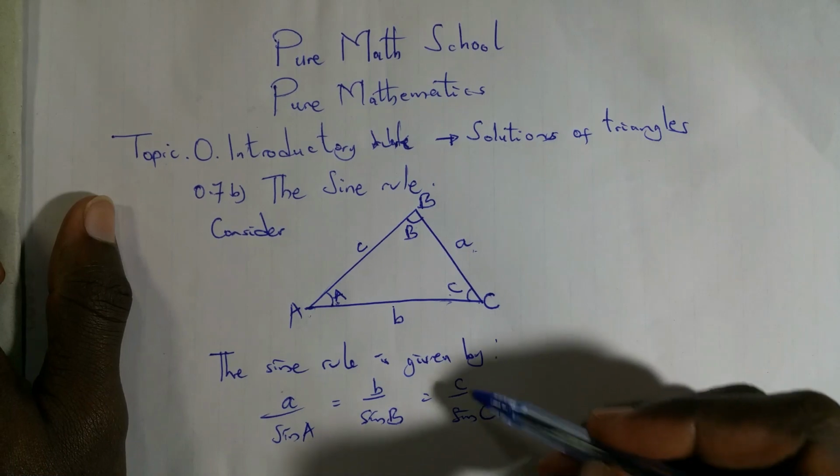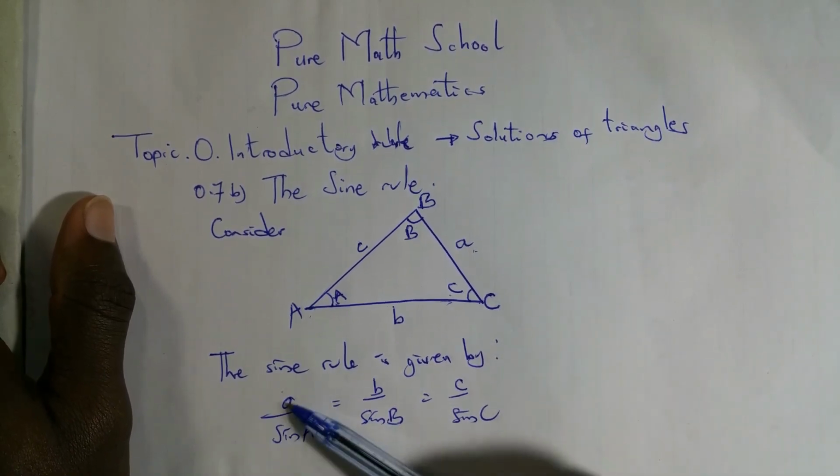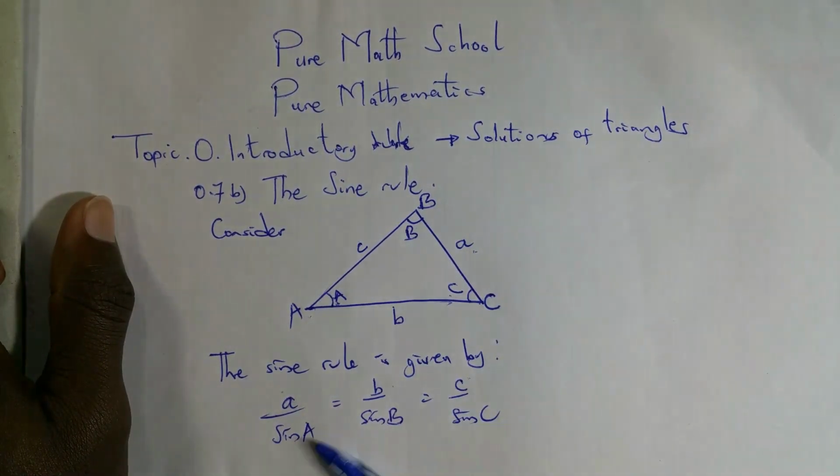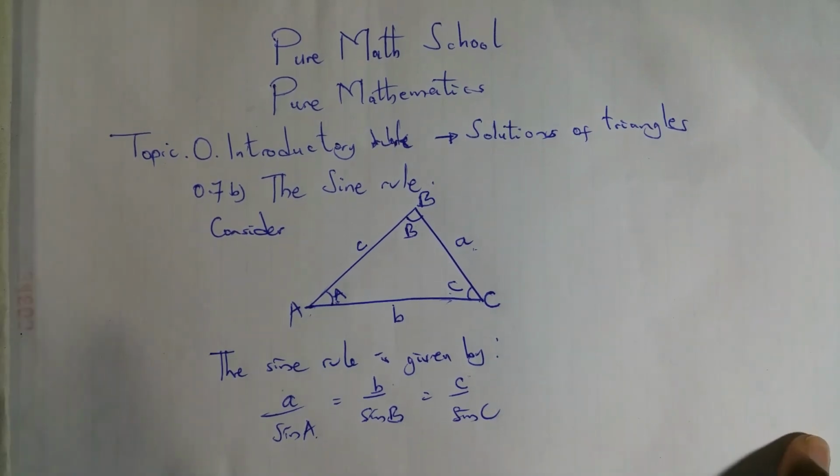You need to know that the lowercase letters are the lengths of the sides, and A, B, C in uppercase are the angles.